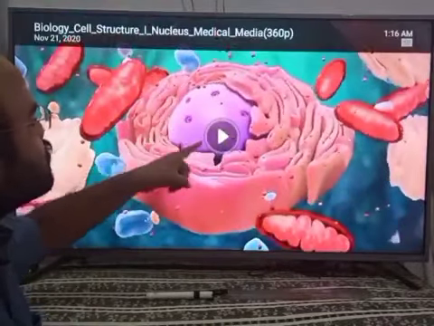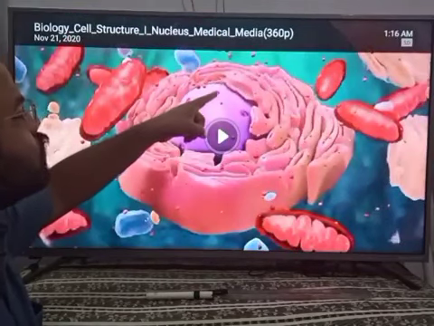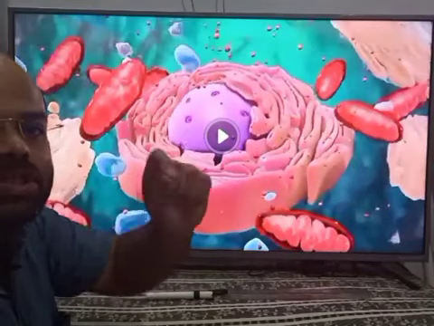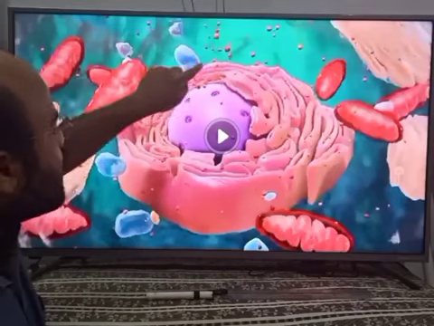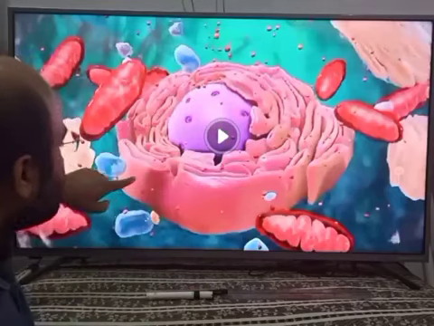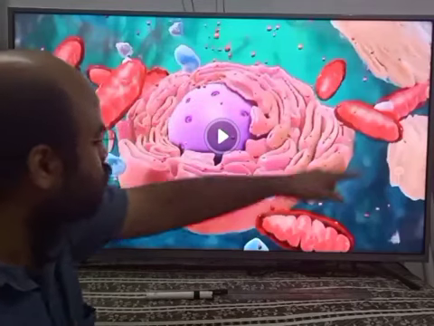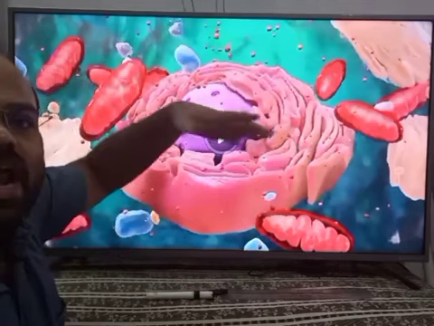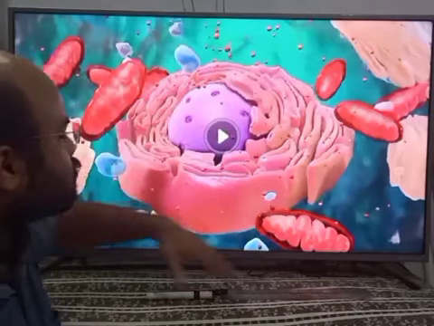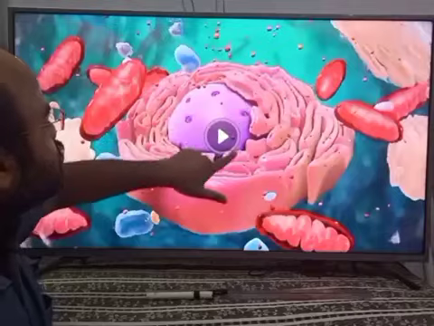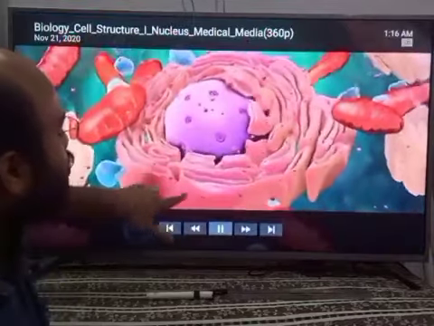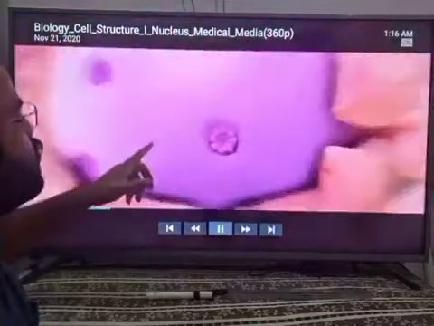We have discussed that the nucleus has a nuclear pore, a small pore, and surrounding that is the endoplasmic reticulum. Now we see the cytoplasm. The fluid-like structure within the cell is the cytoplasm. This is the nucleus and this is the endoplasmic reticulum which is surrounding the nucleus.